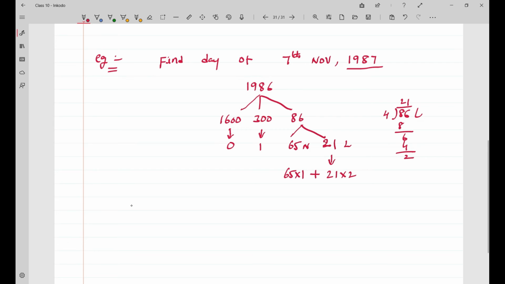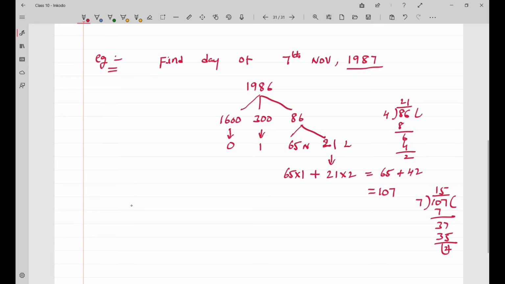Now add both of them. 65 into 1 equal to 65, plus 42, that will be equal to 107. Now 107 divided by 7, because there are 7 days in a week. 7 ones are 7, then 37, 7 fives are 35, we will get remainder 2.